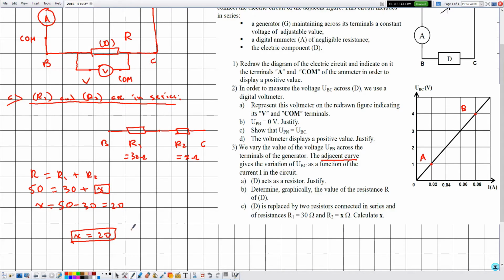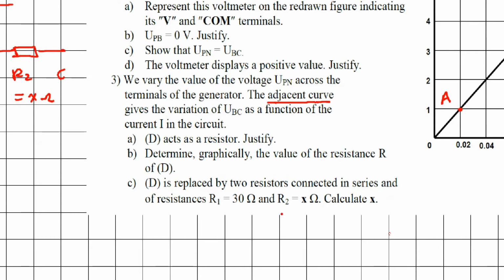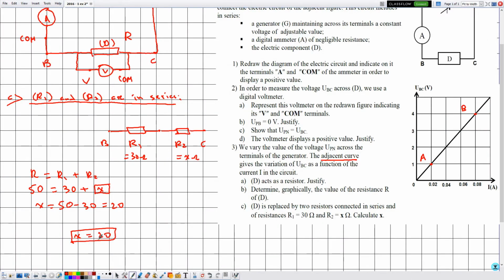Notice that always in physics all quantities must have unit, and whenever we don't place a unit, it must be justified. Notice that here R2 is given by R2 is equal to X ohms, and the unit is not included in X, it is outside of X. So here we don't place any unit inside of X, or simply we can say that R2 is equal to 20 ohms.